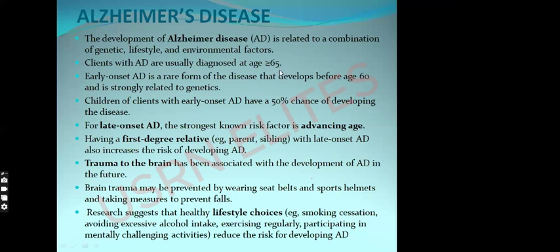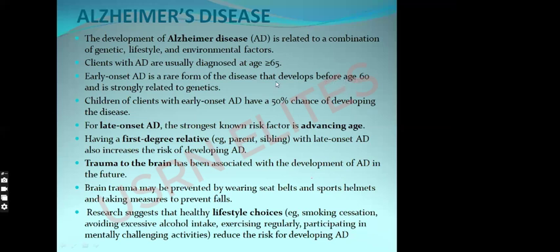Please take note, it doesn't mean Alzheimer's disease affects only the aged. This is the prevalence in terms of age, 65 and older. Early onset of Alzheimer's disease is a rare form of the disease that develops before age 60.